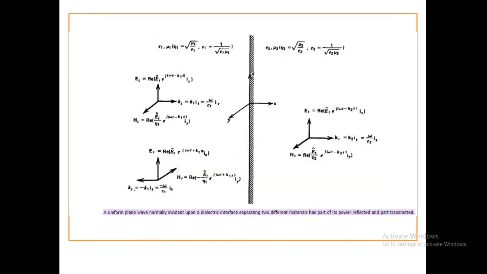So this diagram represents a dielectric separating two mediums, and a uniform plane wave is normally incident upon the dielectric boundary, and a part of the wave is reflected and part of the power is transmitted.